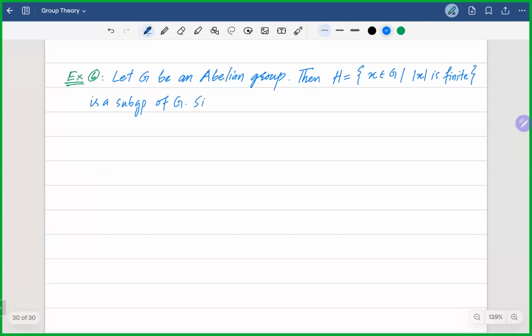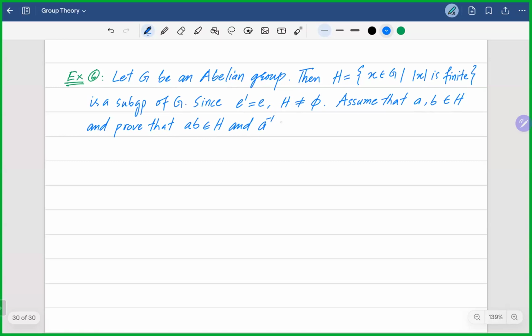Now, since E power 1 is E, H is non-empty. To apply the two-step subgroup test, we assume that A and B are in H and prove that AB is in H and A inverse belongs to H.